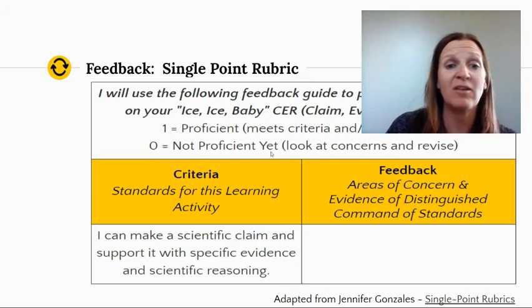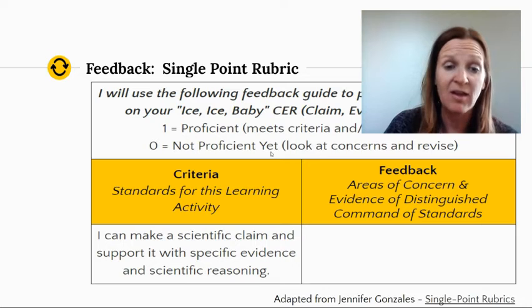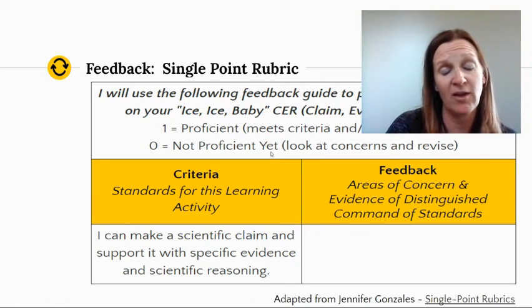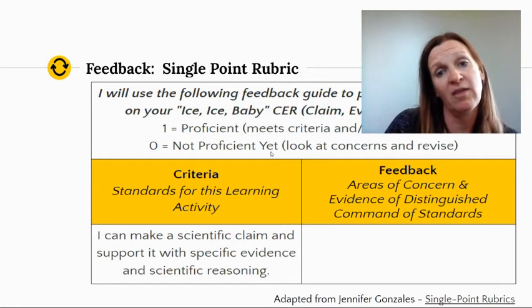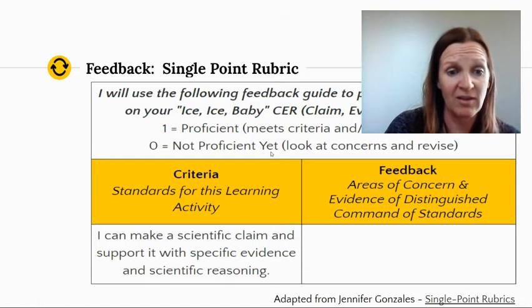So my expectation is that everybody will reach proficiency, and sometimes it just takes a couple tries, and that is completely fine. So anytime a student gets a not proficient yet or not completed yet, that just means there's still some learning to be done, and that they need to go back and revisit that particular learning activity, look at the feedback that they've been given, and then go ahead and address that.